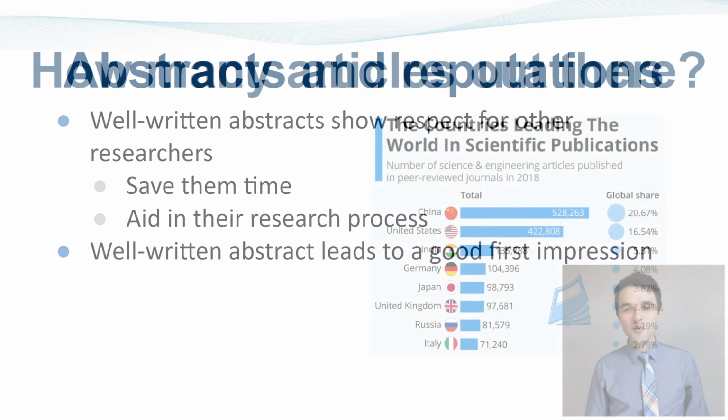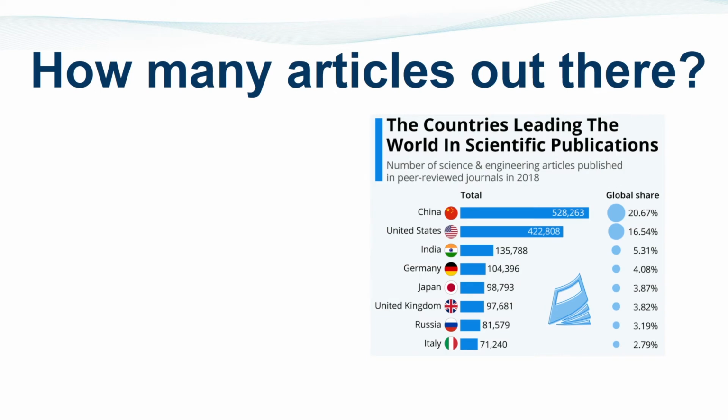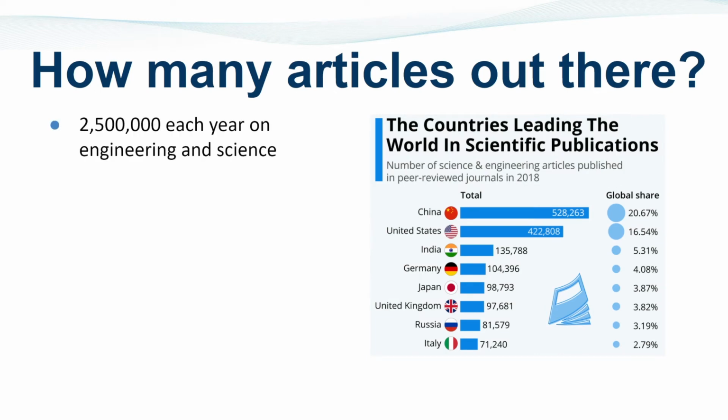All right, how many articles are out there in the world? Well, 2,500,000 articles each year are written on science and engineering. That's a ton. And in China alone, there were over 500,000 papers published in 1 year just in the fields of science and engineering.